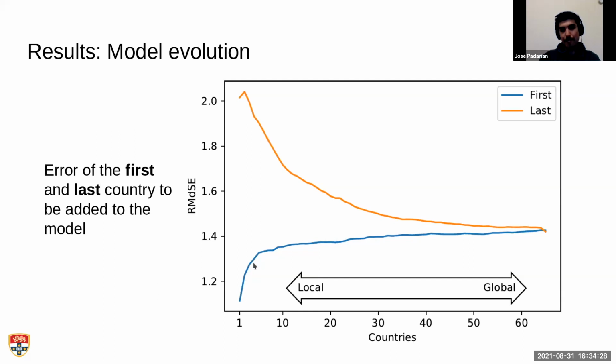And as we add more and more countries to the model, we can see that the performance in the first country starts decreasing, the errors are increasing, and it starts behaving a little bit more like a global model, that is not that good for a specific country, but is way better in many countries, more general. That's what you can see with the orange line.